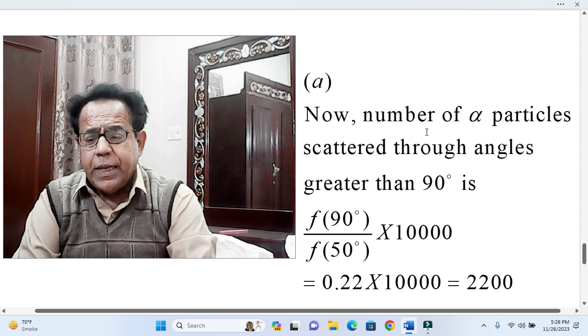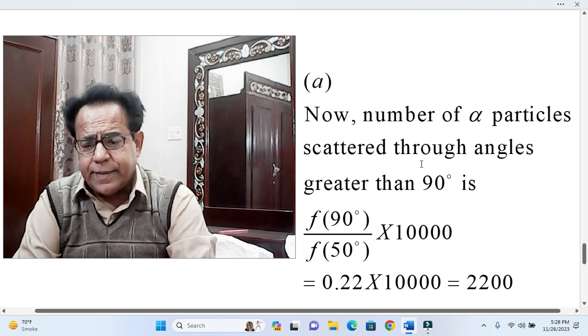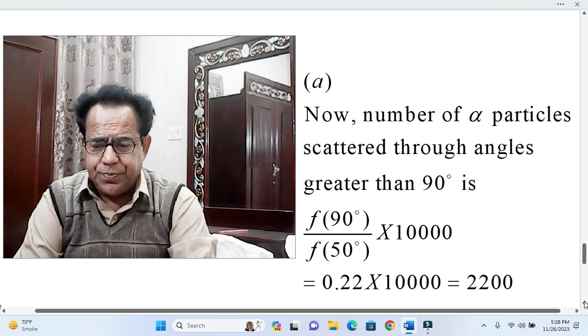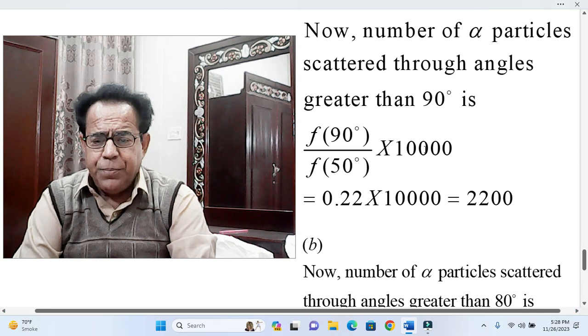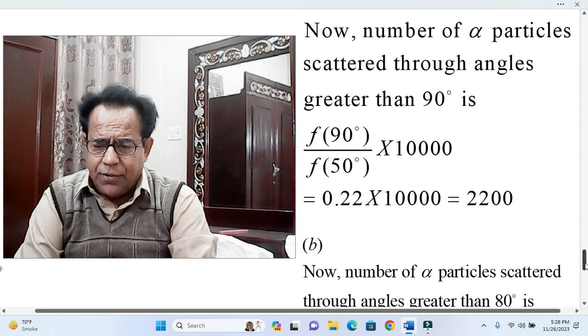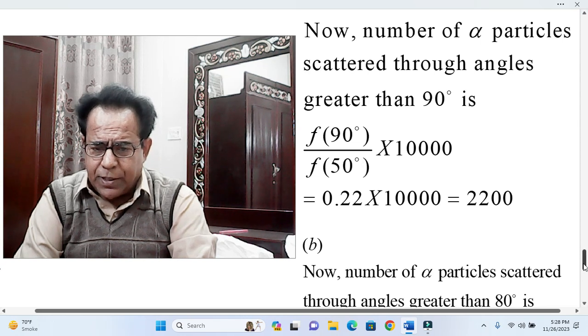Now the number of alpha particles scattered through angles greater than 90. Once again we go to the statement.